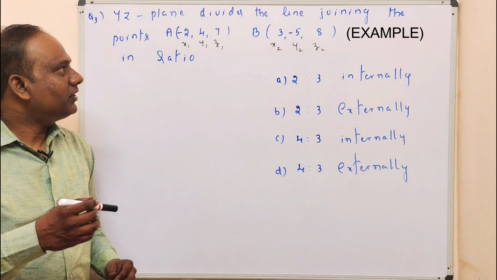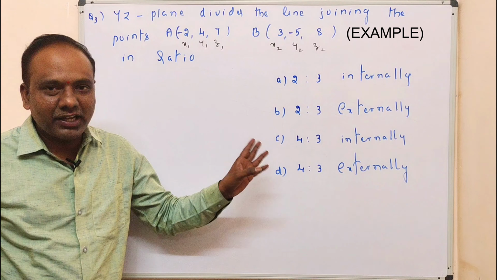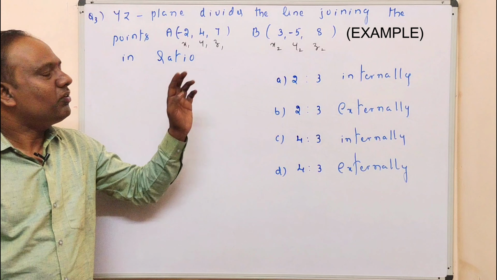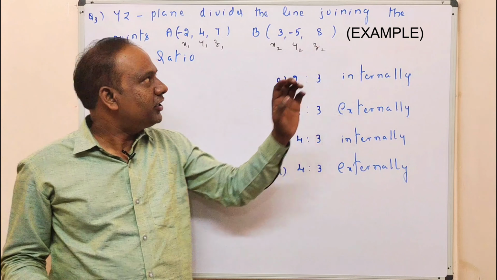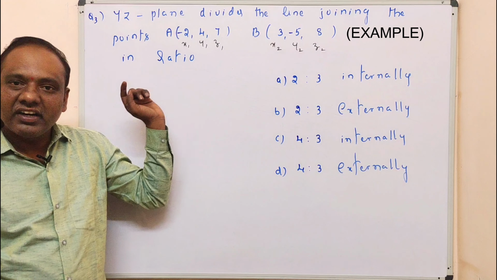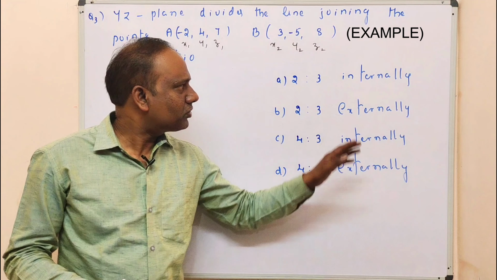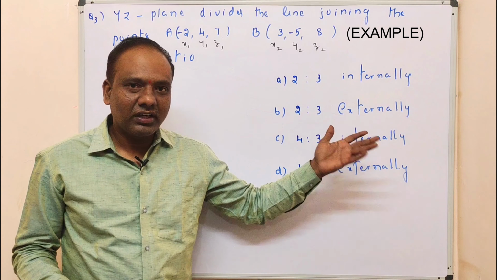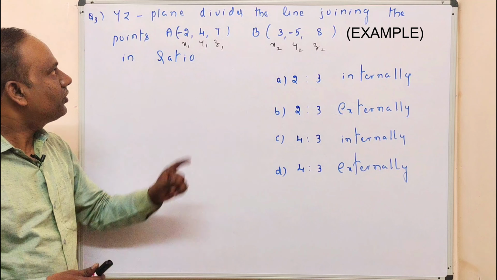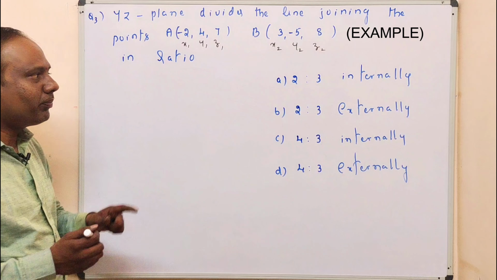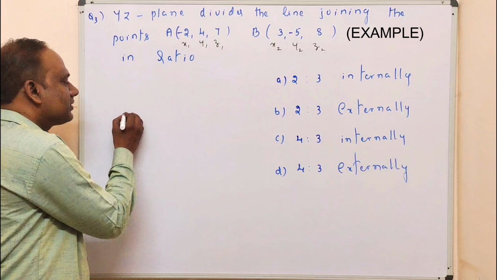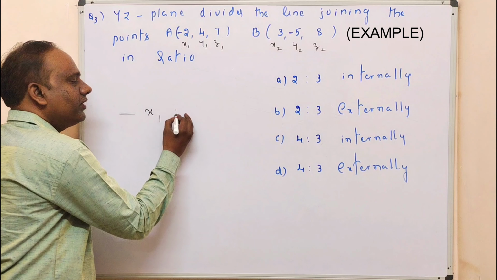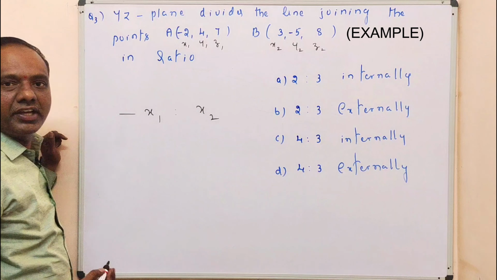Now this question uses the same method. The YZ plane divides the line joining the points A and B in what ratio, internally or externally, like that they asked. For the YZ plane, the ratio is minus x1 is to x2.